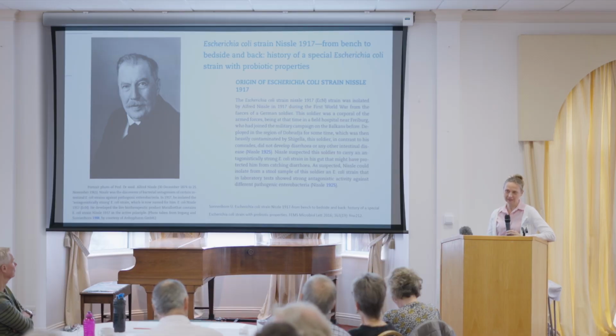And he didn't develop a diarrhea like the other ones because he was protected by the strain E. coli Nissle, which was antagonistic to the Shigella, which was spread in Bulgaria. All the other soldiers did develop diarrhea, not him, because he had this E. coli strain Nissle 1917. The best well-defined probiotic at present.